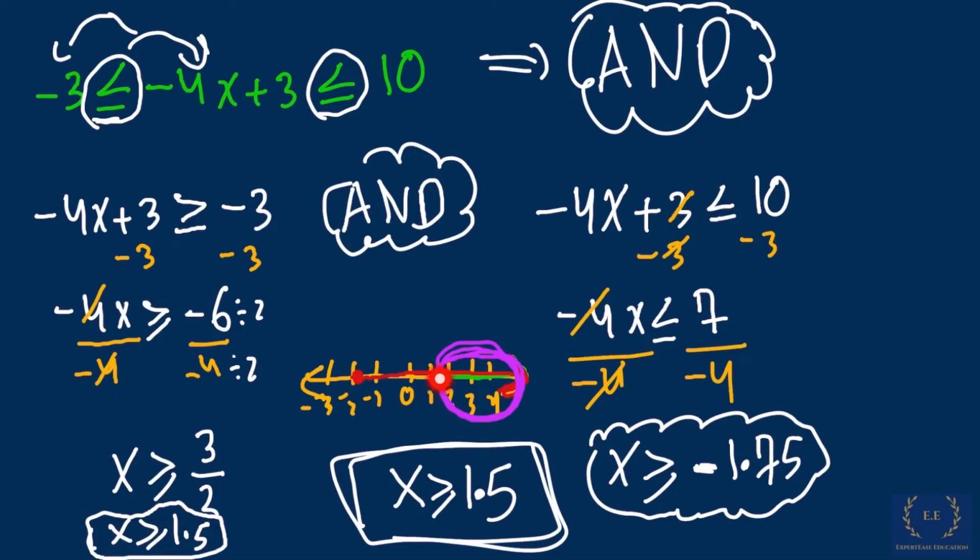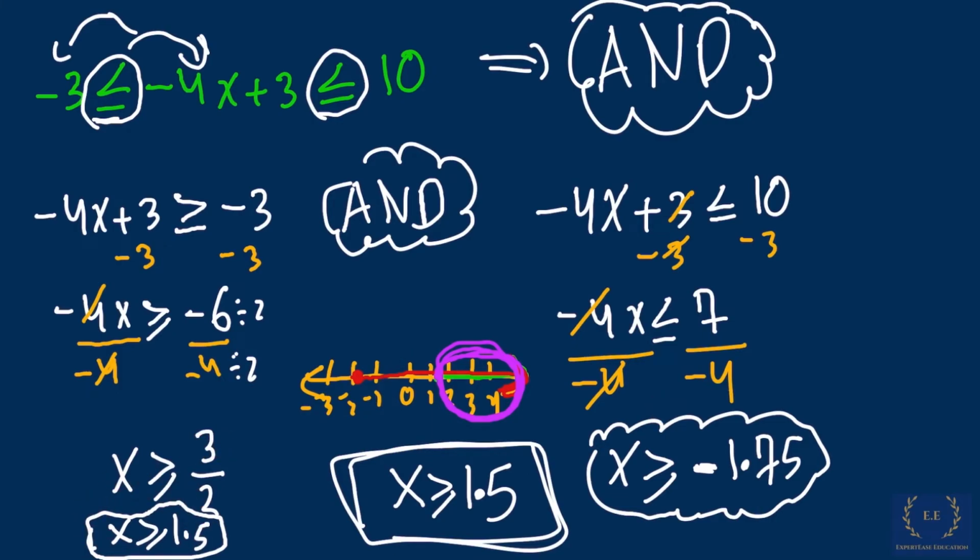So when x is more than or equal to 1.5, it satisfies the first part and the second part, because this part is not going to be included, right? Because this part only satisfies this current condition but doesn't satisfy this current condition.